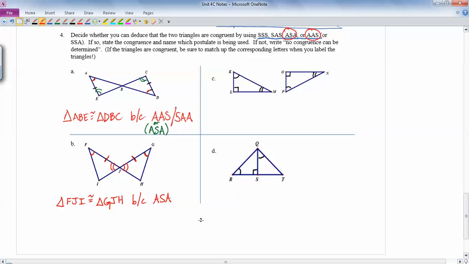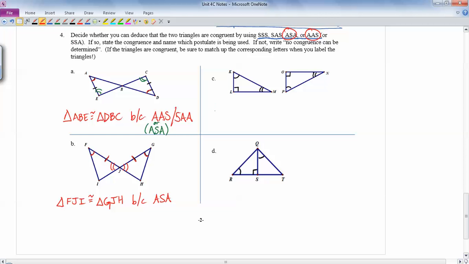All right. The next one, we've matched up three angles in the first triangle, three angles in the second one. But that's all we've matched up. We don't know for sure that this side and this side are the same length. We don't know if any of the sides are the same length. So this one, all we have is AAA, which isn't one of our four reasons up here.